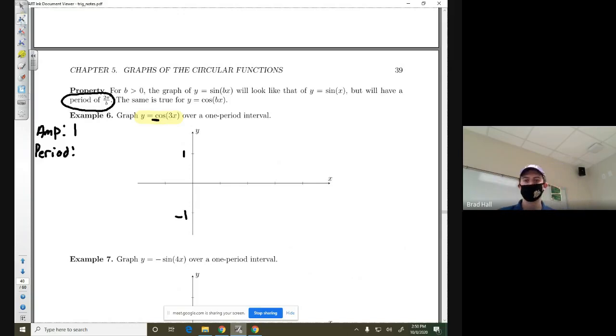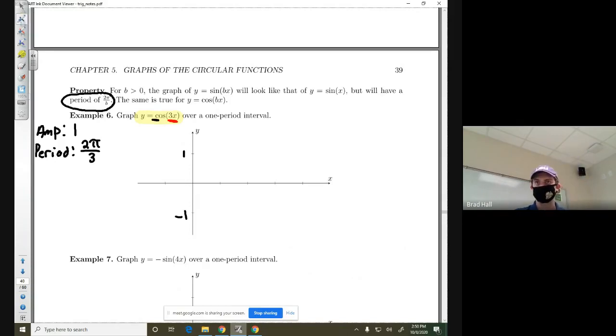Now before, we would say that the period is just 2 pi. We can go ahead and jot down 2 pi, but that's not the complete picture, because now there is a number multiplying the x directly. Whatever that number is, it turns out to be 3 in this case, that is what we divide the period by.